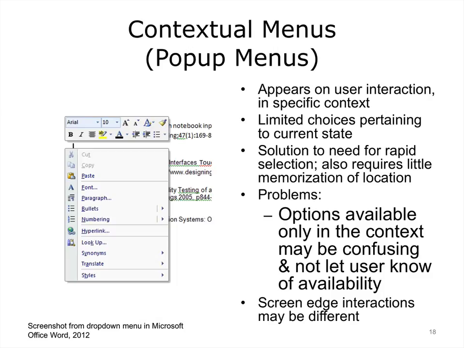It is fairly rapid and also requires little memorization of item locations. Some applications may only make options available in some contexts. This can cause problems in letting users know that the options are available or cause confusion. Screen edge interactions may be different than those where the object is located in the center of the screen.